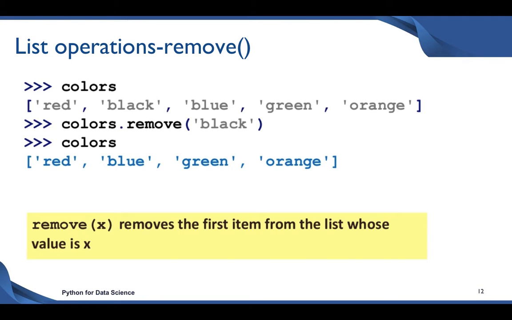Then we wanted to remove. The remove function removes the first occurrence from the list of the value given in the parenthesis. For example, we wanted to remove X. So remove will try to search for that value in the list and will remove the first occurrence.